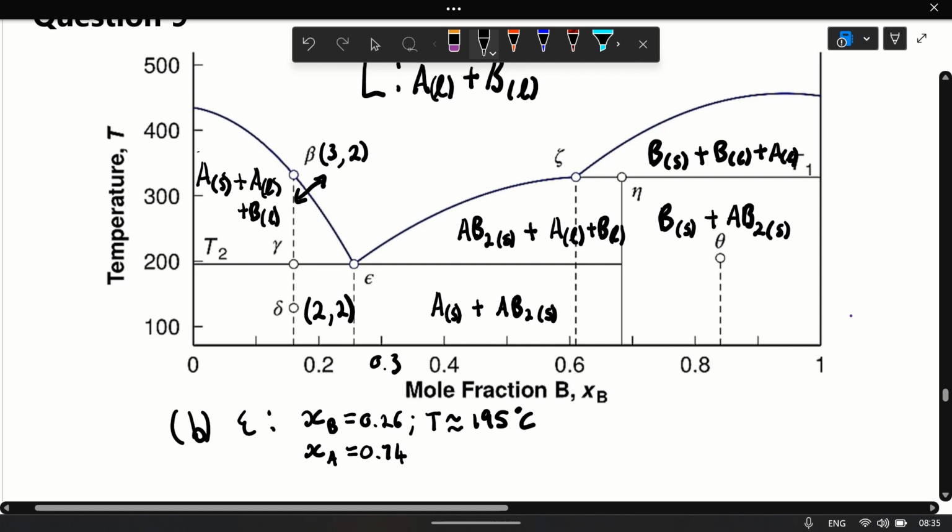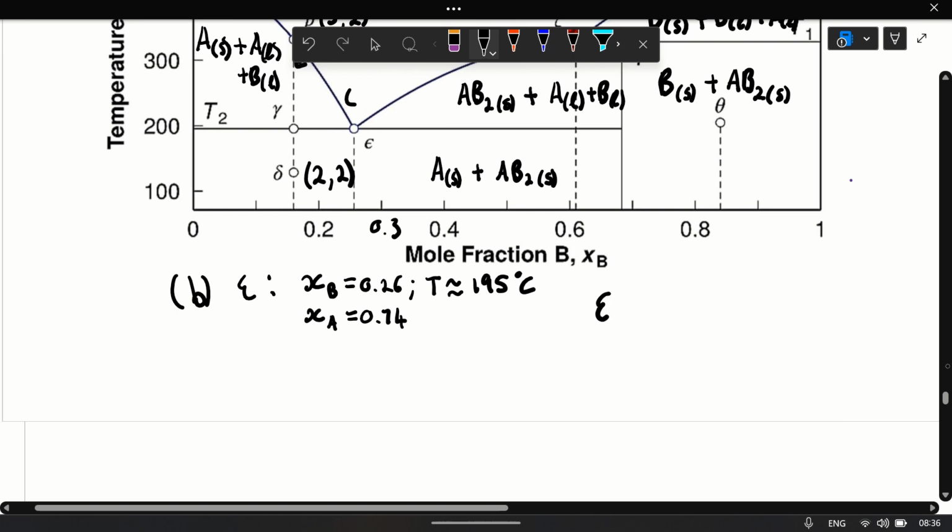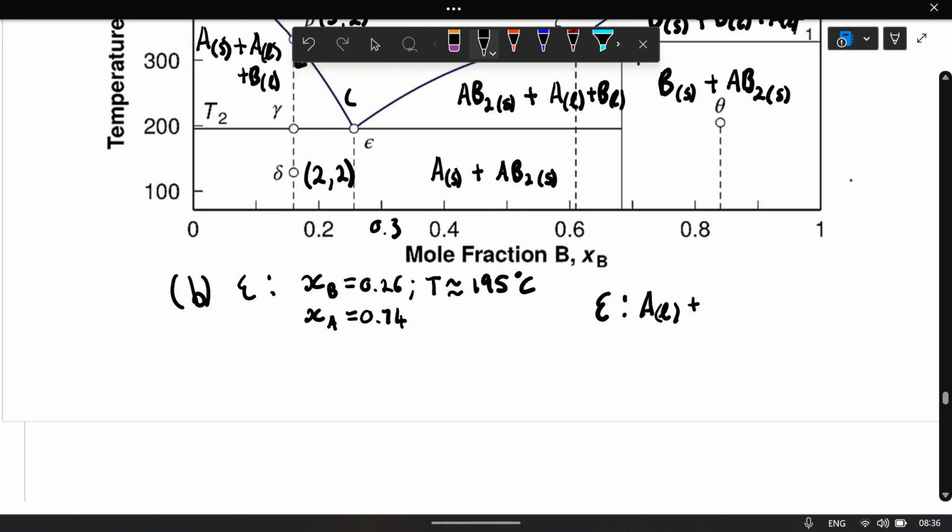Okay. So let's move to epsilon. Epsilon, of course, so how many chemically distinct species can we count? For epsilon, we have to look at this region, this region, this region, and this region, because it links to all four of them. So maybe we should write a list of what epsilon entails. Epsilon entails A liquid, it entails B liquid, right?